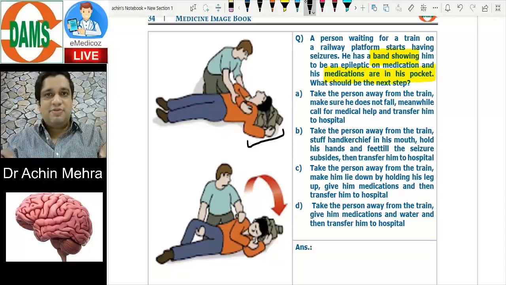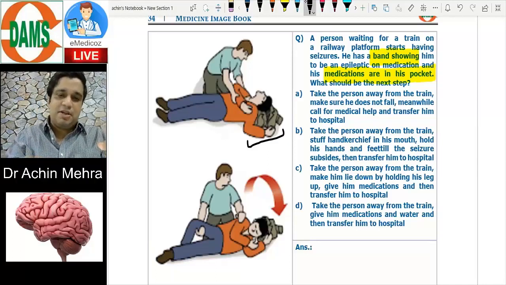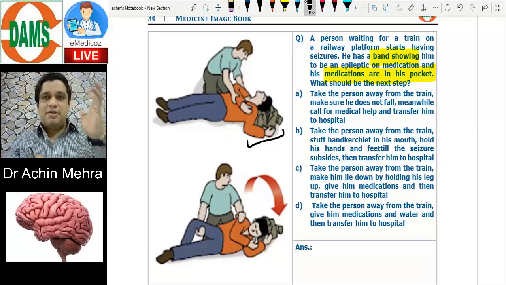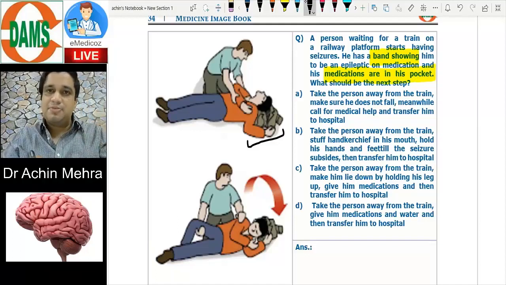Now the word safety stands for preventing injury not only to other parts, but to the head and the neck region also. So if I place something like a cloth or a bag below the patient's head and neck, I'm stabilizing the head region, and in an episode of GTCS, especially in the clonic phase, it might hit the floor, and there can be some kind of head injury in the patient. Just to avoid that, we do this.